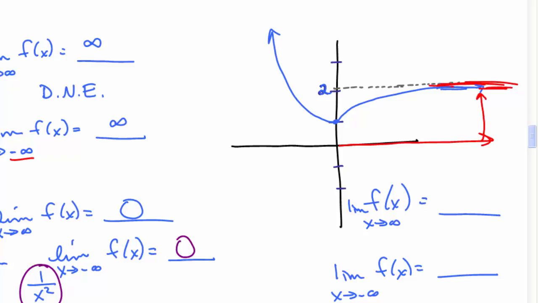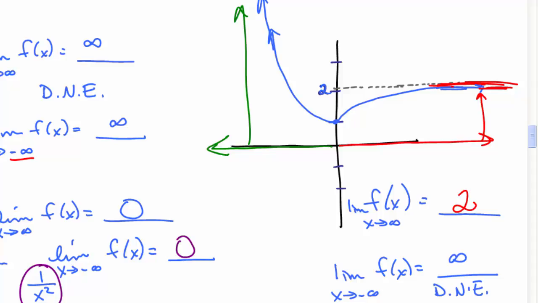Okay, it's getting closer and closer to the value of 2. But on the other side, when we're going this way, is y getting closer and closer to a number? No, it's going up and up and up, so we could say positive infinity, or again, we could say does not exist. Both of those answers would be acceptable.